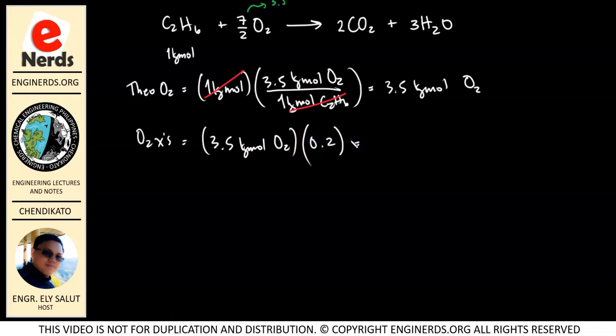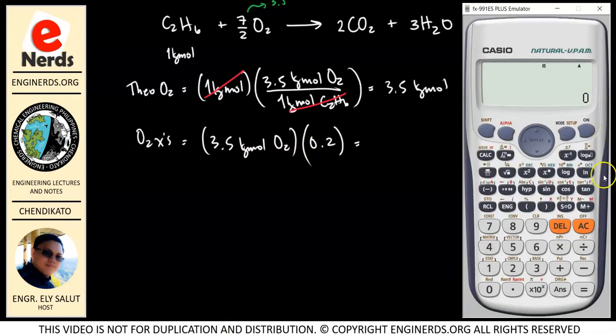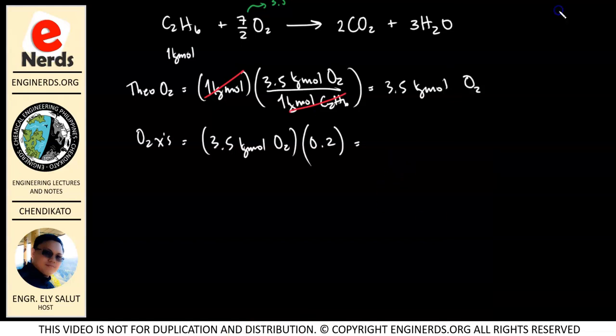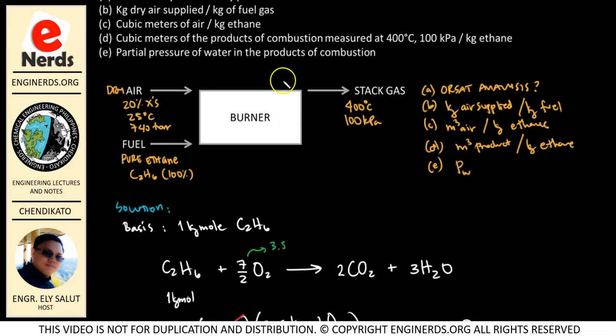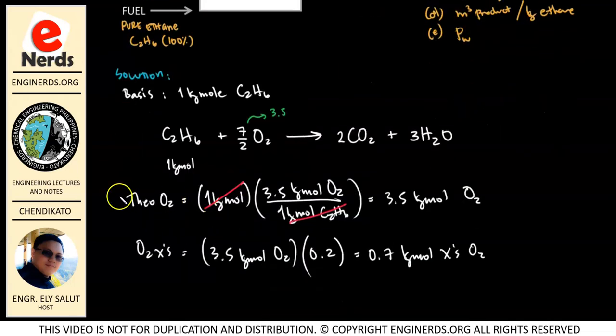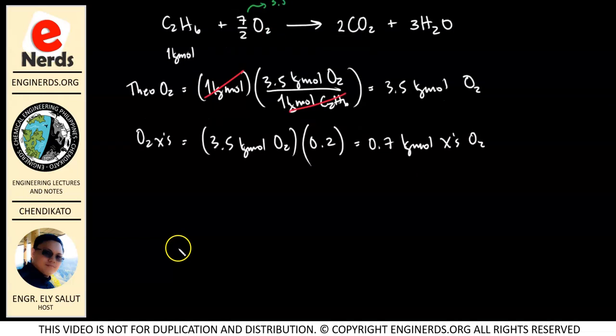Let us use our calculator: 3.5 times 0.2 is 0.7, so we have 0.7 kilogram mole excess O2. Now we already know how much excess O2 we supplied. How much oxygen did we actually supply to our system? That will be the theoretical O2 plus the excess O2.